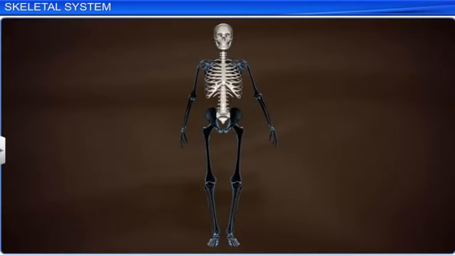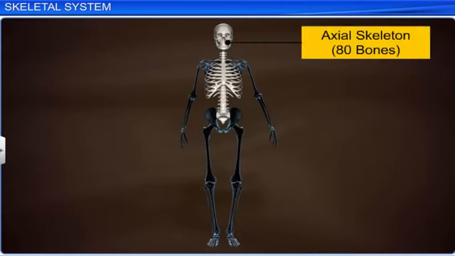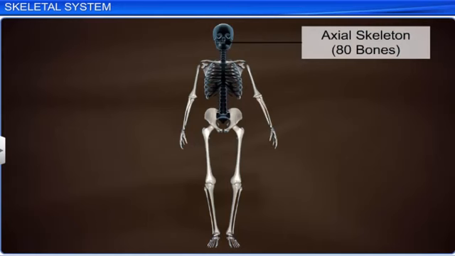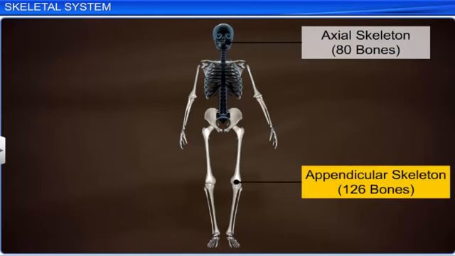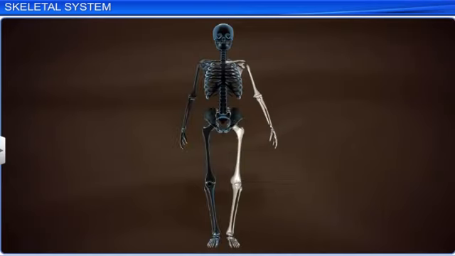Thus, the axial skeleton consists of 80 bones, including the skull, vertebral column, ribs, and sternum. The remaining 126 bones form the appendicular skeleton, which includes the bones of the limbs and their supporting girdles. Interestingly, each limb consists of 30 bones.